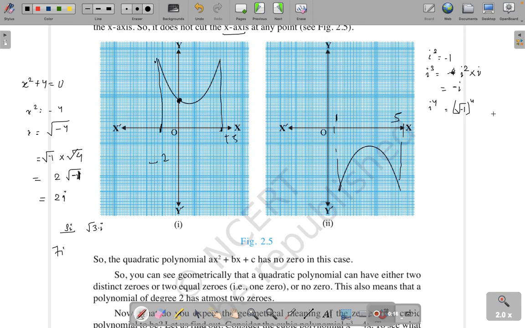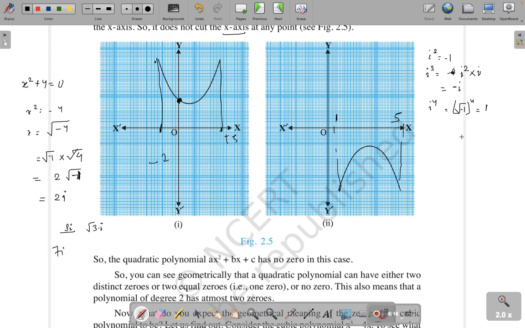Minus 1 into minus... Yeah, so what is the value of that? 1. Right, sir, if we look at it like i cube is minus i.